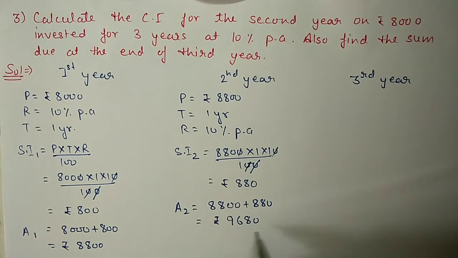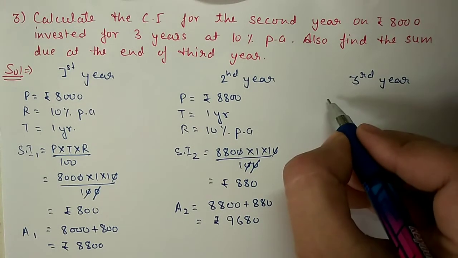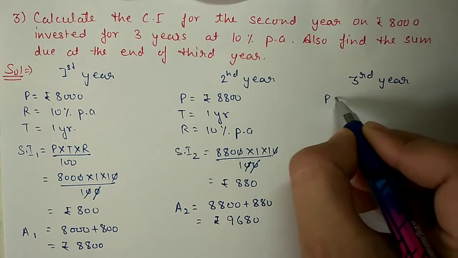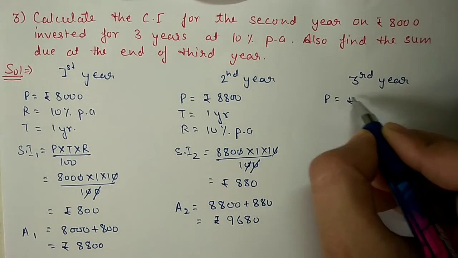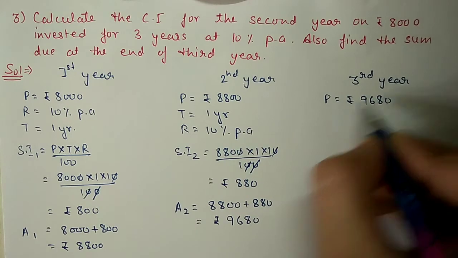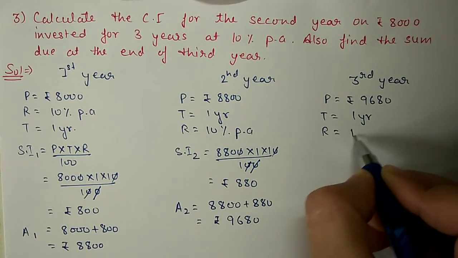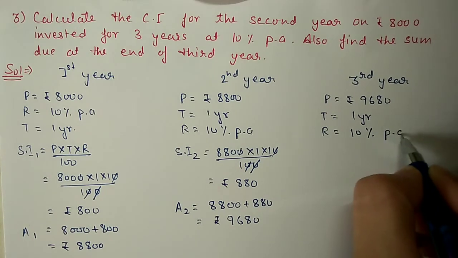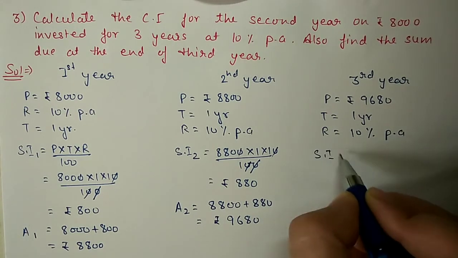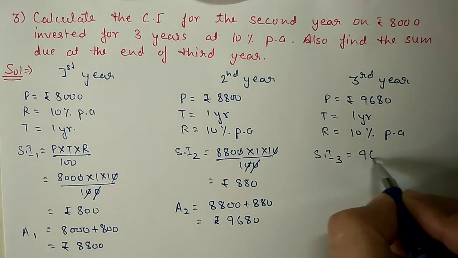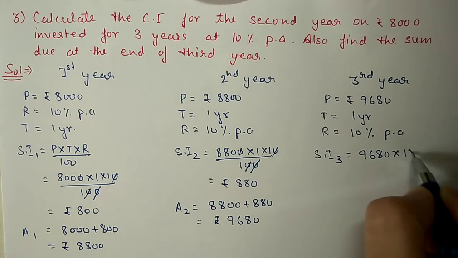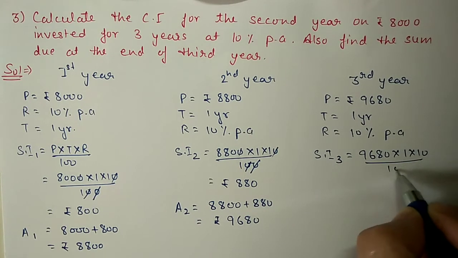Now this 9,680 rupees will become principal for third year. Time again 1 year and rate of interest is 10% per annum. So simple interest for third year is 9,680 into 1 into 10 divided by 100.